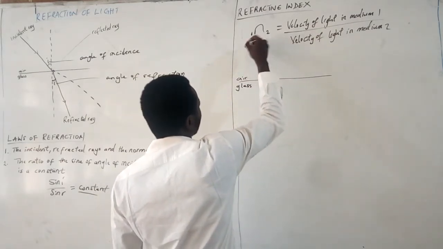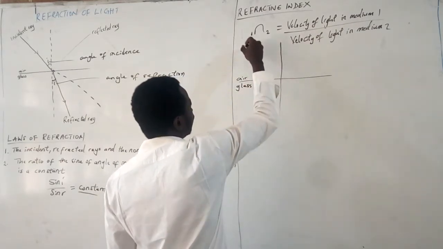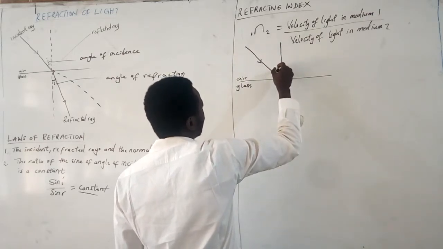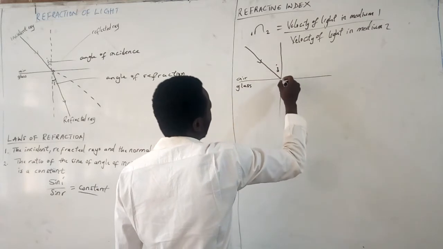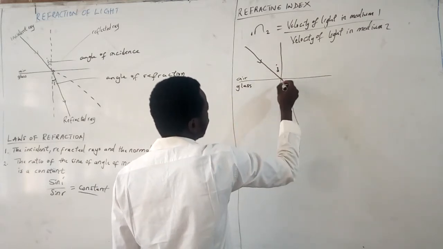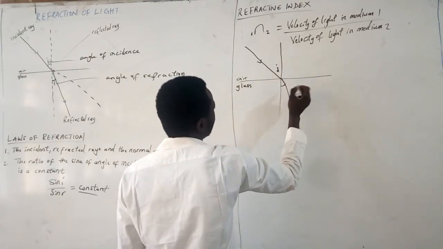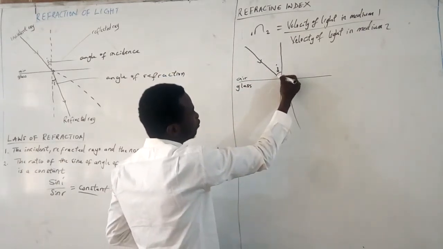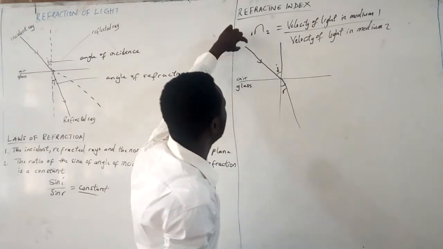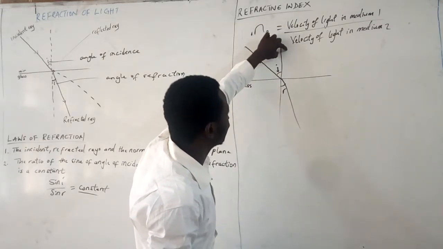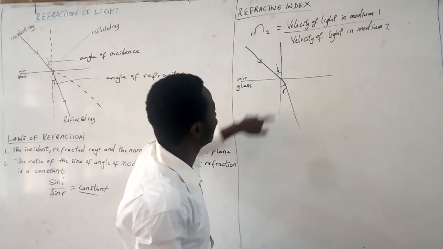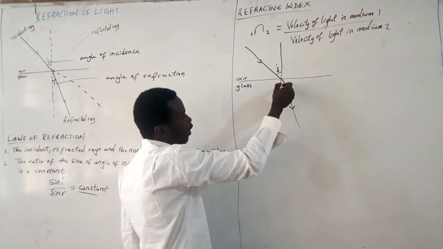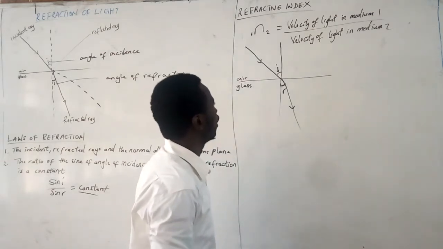Then this is the normal, this is the angle of incidence, which we said is I, and this is R. Now note that the angle we are taking must be the angle between the incident ray and the normal. That's I. Then the angle between the refracted ray and the normal is given by R.